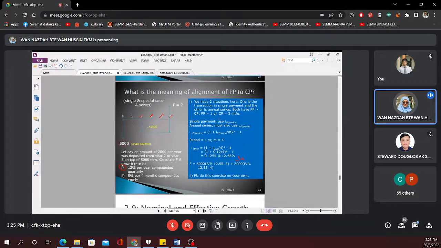You need to determine F. So given to you, I equals to 12% per year, compounded quarterly. Quarterly meaning that 4 times a year. So your compounding period is every 3 months and your payment period is 1 year.